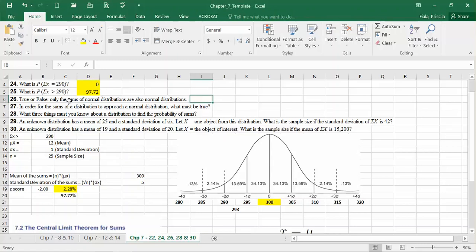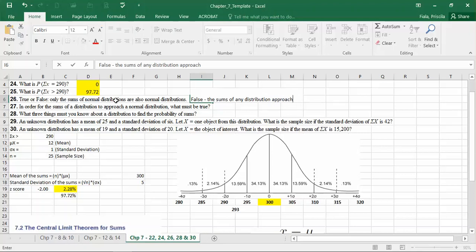So this is false. It's not only the sums of the normal distribution, any distribution. So let's put false. The sums of any distribution approach a normal distribution as the sample size increases.